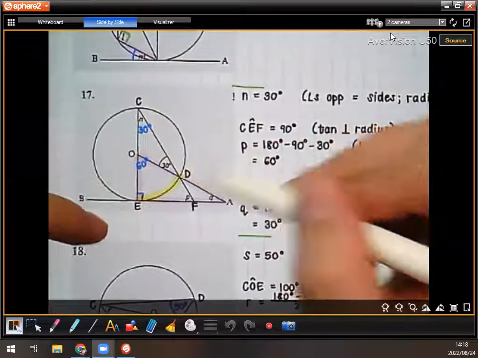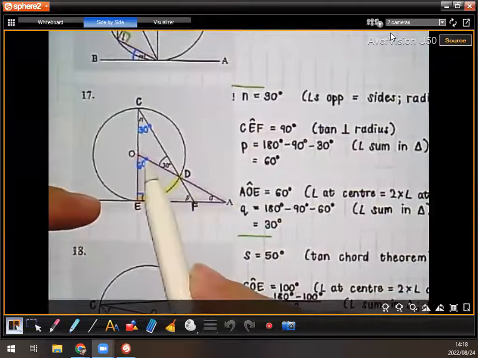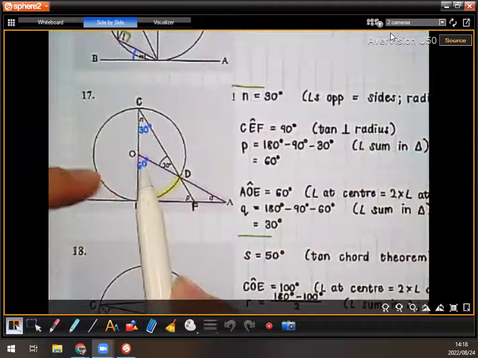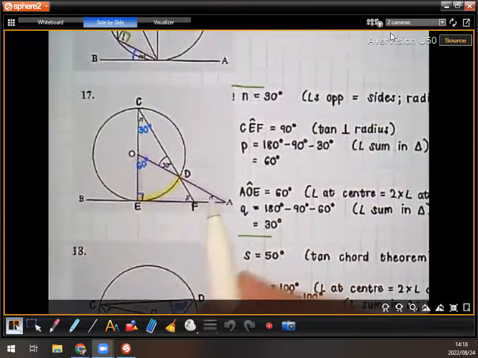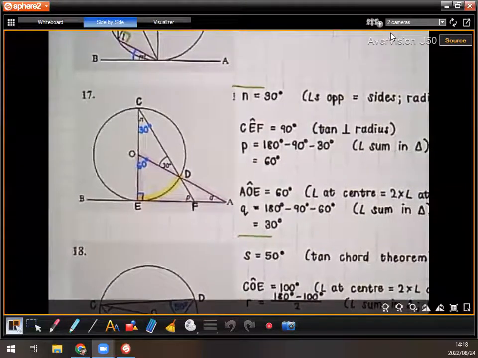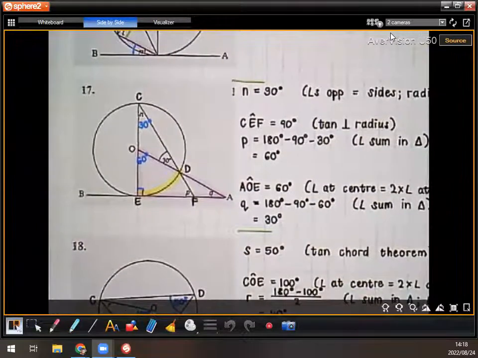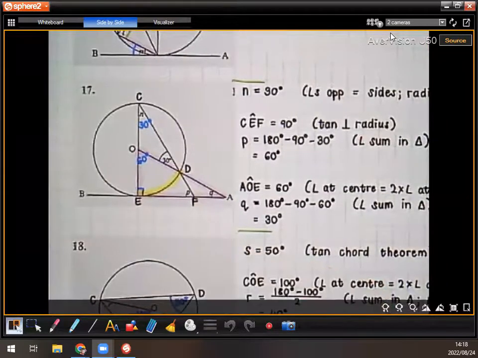So that's that part that I wrote there, angle AOD, or you could have written OD, angle at center. And then I used angle sum in a triangle in this triangle there. So to get that back on the 30, did you work out what that one is using angle sum in a triangle?